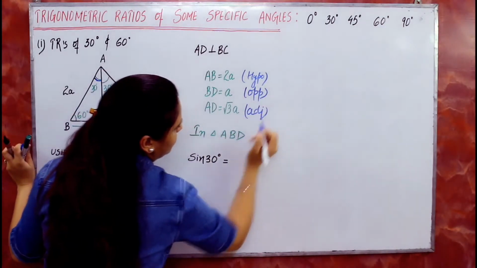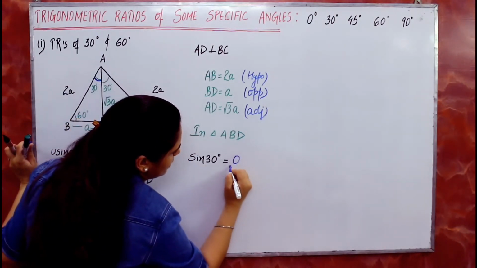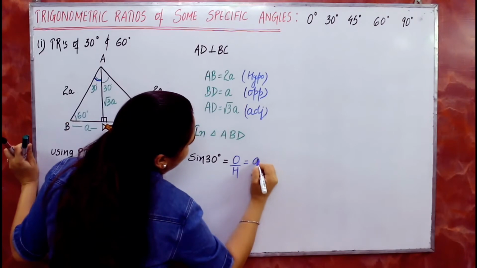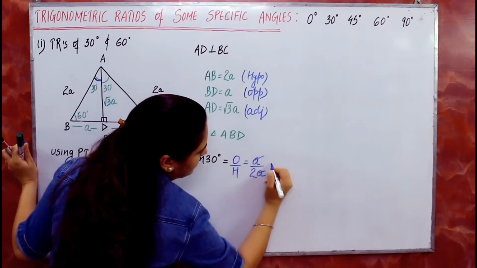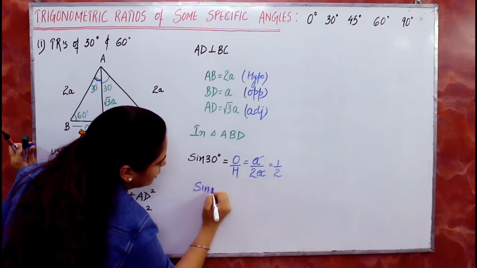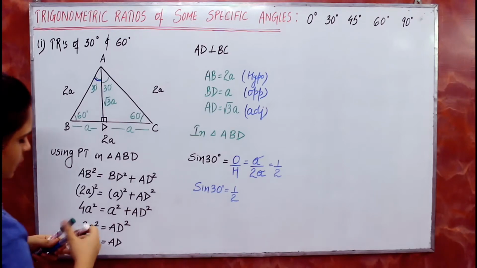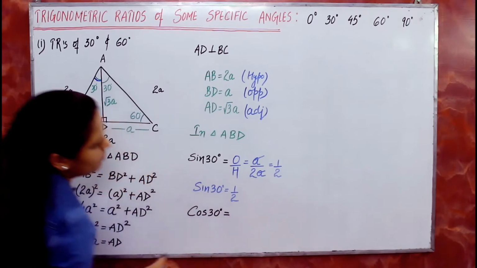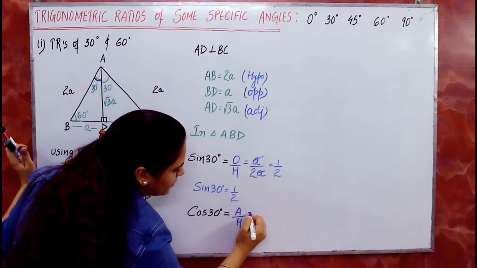Now we will use the formulas. The formula for sine is opposite upon hypotenuse. Opposite is a, hypotenuse is 2a. When you cancel out this a, you get sine 30 equals 1 by 2. Similarly, the formula for cos is adjacent upon hypotenuse.